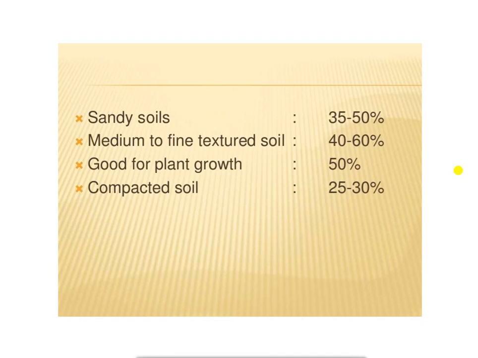The pore space or aeration percentage of different soils: sandy soils, 35 to 50%; medium to fine textured soil, 40 to 60%; good soil for plant growth, almost 50%; and compacted soil, 25 to 30%.